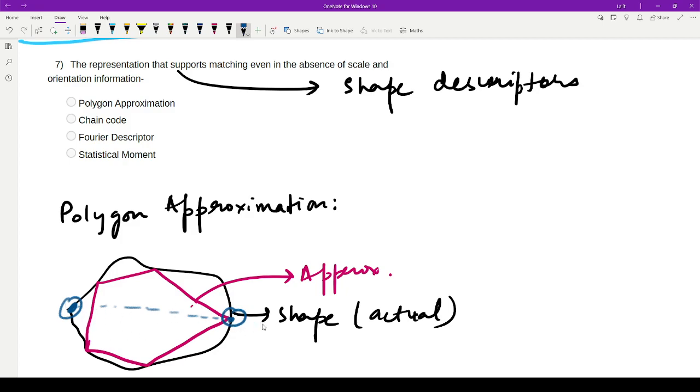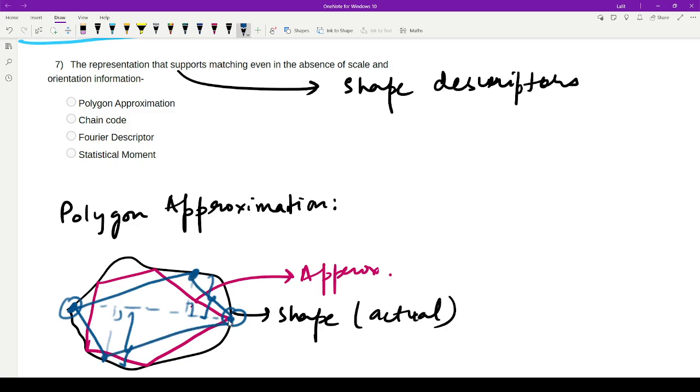Once you have these two endpoints out there, you have to take perpendicular bisectors in such a way that these bisector lengths are maximum. If these lengths are maximum, then you choose all these points for fitting a rectangle out here.